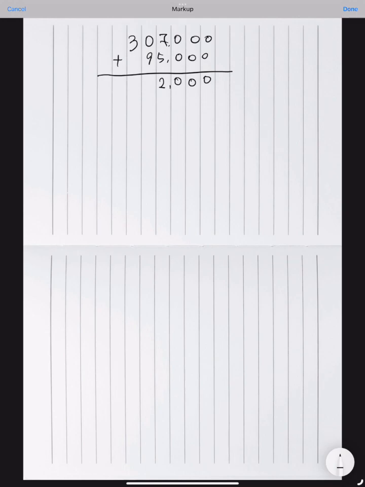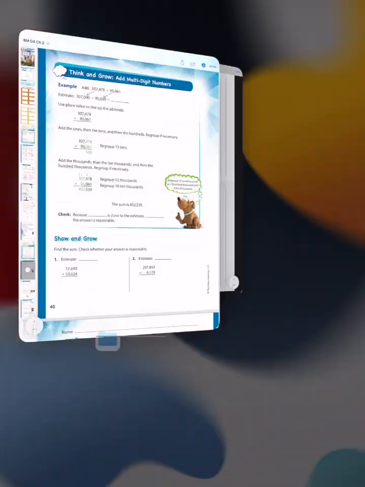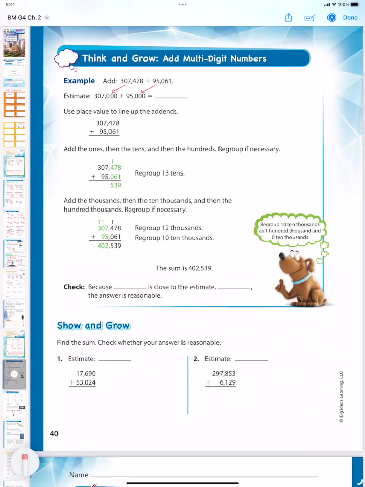So I'm going to put 2 down here and carry 1 up. And 1 plus 9 is 0. We have to carry 1 more up. So let's move back. Our estimate is what? 402,000.